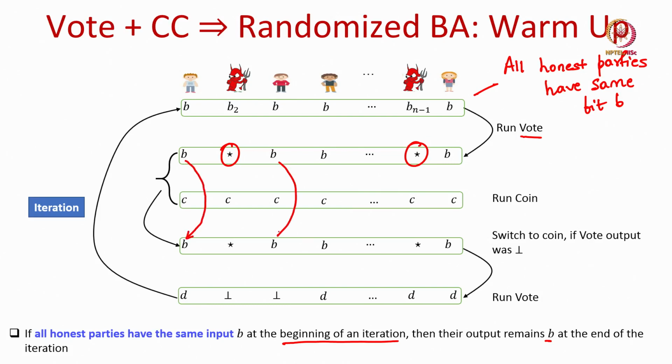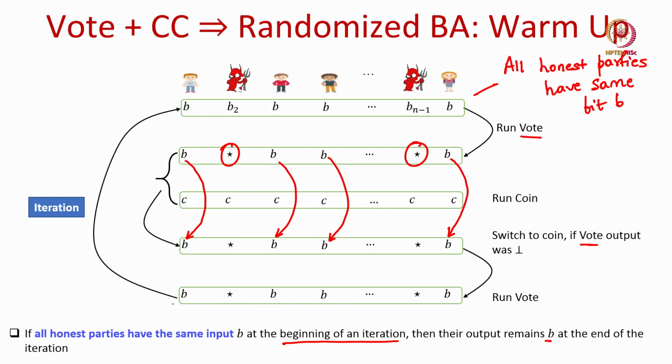They will simply ignore the output obtained from the coin protocol, because the output from the previous instance of vote was not bot. And now again they are running an instance of vote where all the honest parties have the same input. And remember, the vote protocol has the property that if all the honest parties have the same input, then everyone obtains the same output.